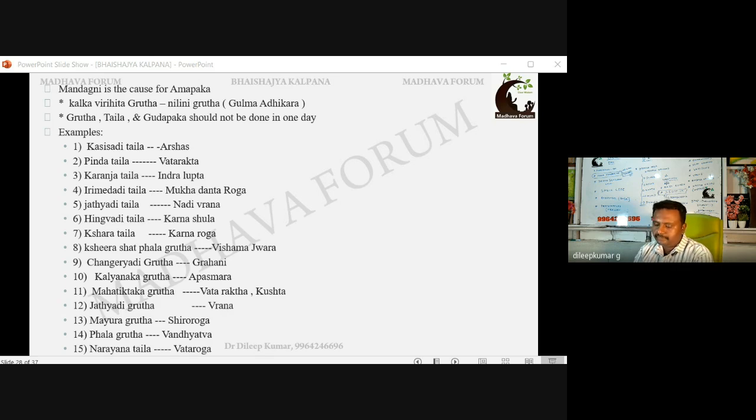Deepaka and Pachaka, Deepana and Pachana. Kasa, Swasa, Kshaya. Padadaha, special note down is Padadaha.